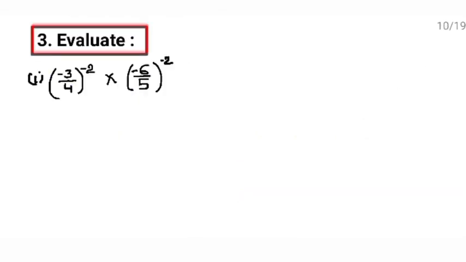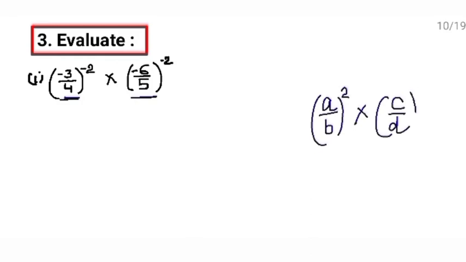Next, question number 3 is evaluate. First part, minus 3 upon 4 raised to the power minus 2 multiply minus 6 upon 5 raised to the power minus 2. Here bases are different and powers are same. As I have explained in the laws, if bases are different and the powers are same and we multiply them, powers are same now, so simply we multiply the bases.